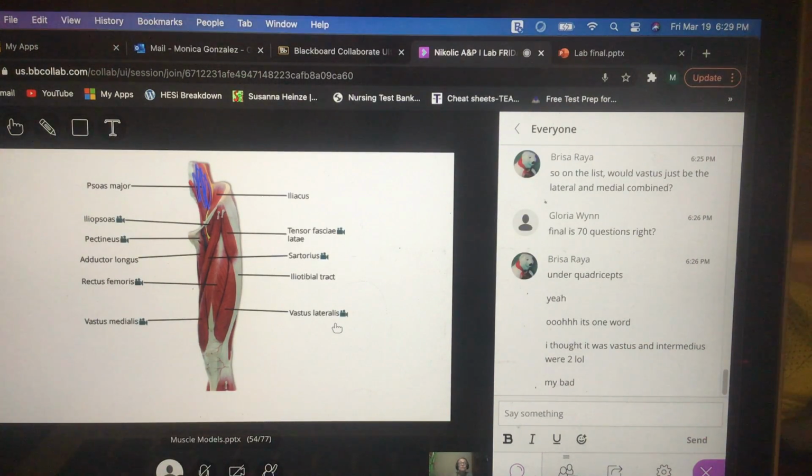But we don't want that. What we want is down here when they come together. Down here, the psoas major comes together with the iliacus, and we call that the iliopsoas. So I just teach it as the iliopsoas because for me it's easier, and that's the muscle we're talking about.